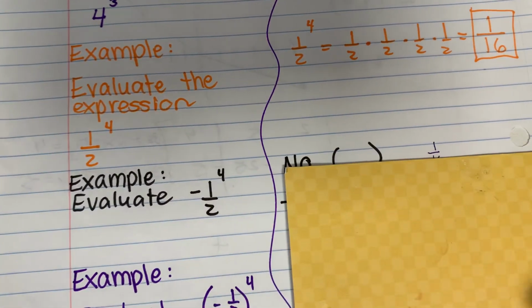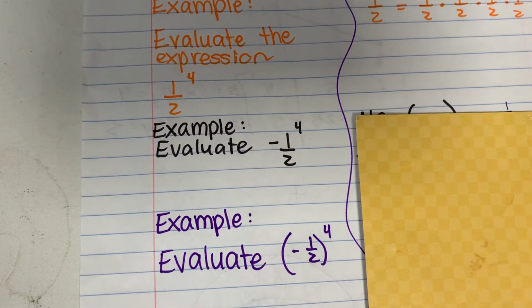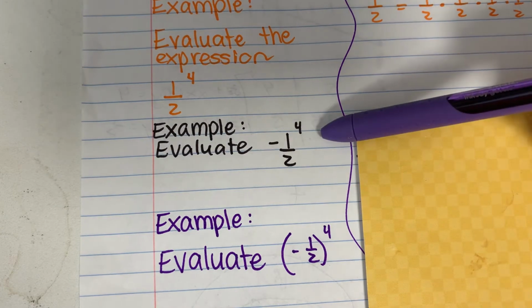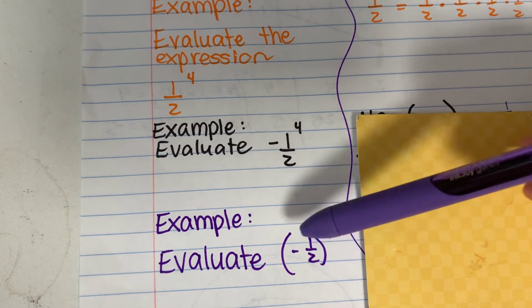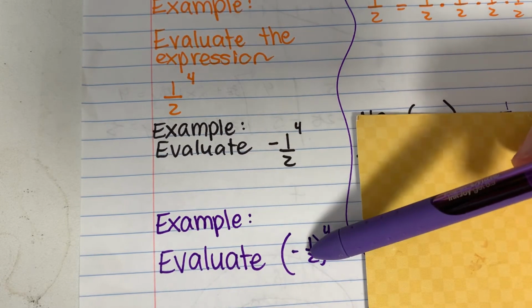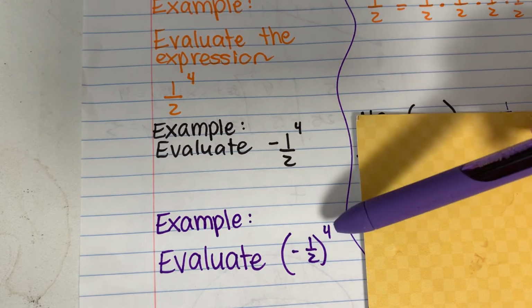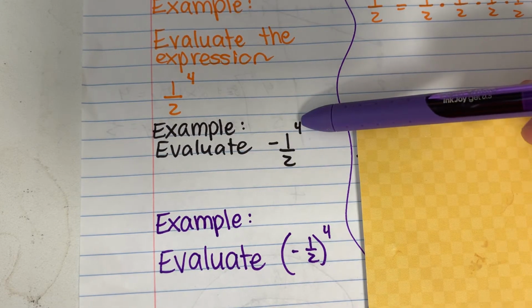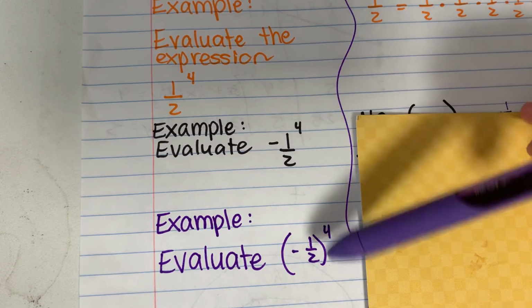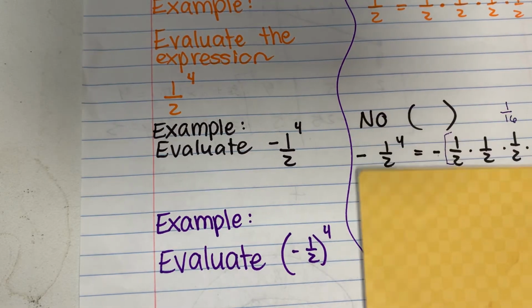And let's take a look at the next one. So look at the difference between this one and this one. This one has parentheses, so this is telling me that negative 1/2 is going 4 times. This one said positive 1/2 is going 4 times. There is a difference. The parentheses make a difference.